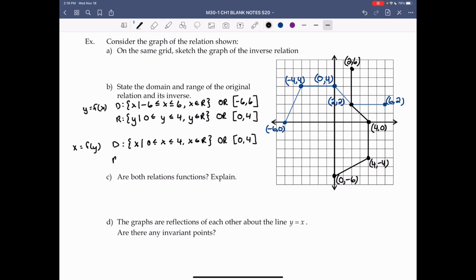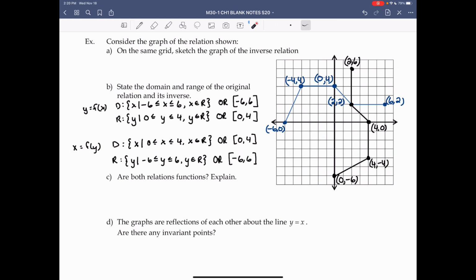The range of the inverse relation is y such that the y values go from -6 to 6. -6 is less than or equal to y, is less than or equal to 6, y is a real number. And in interval notation, [-6, 6], both ends are included, so square brackets.